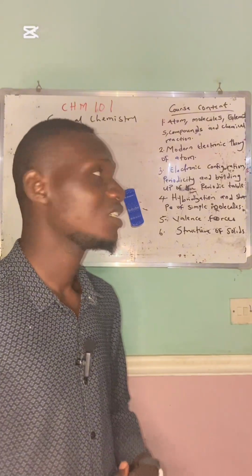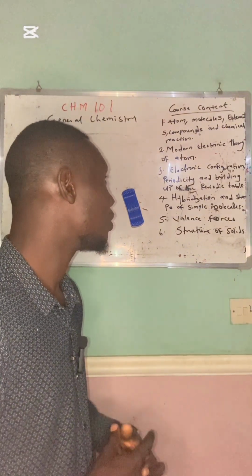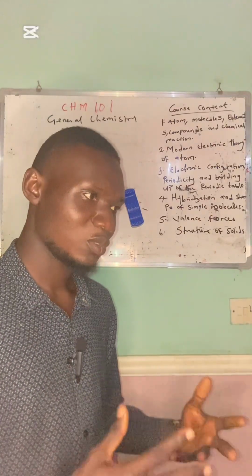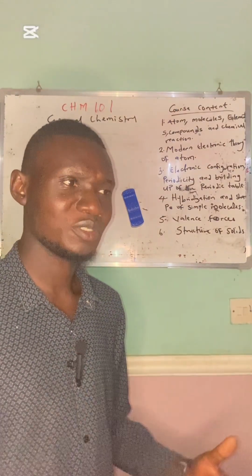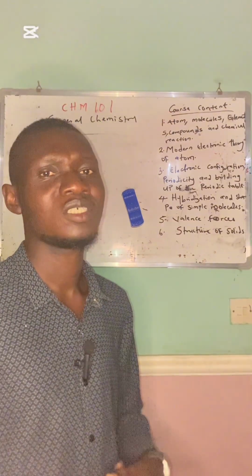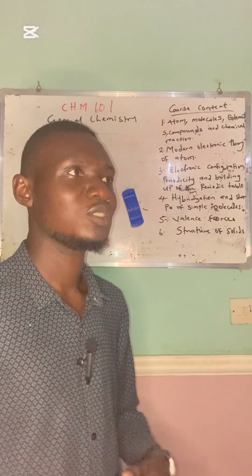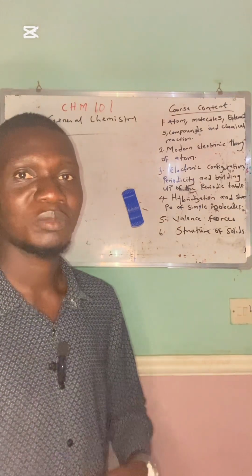And then we also talk about periodicity and the building up of the periodic table: the reason for it, the properties, the structure, the makeup, the trends, and so many of these. That's the periodicity.